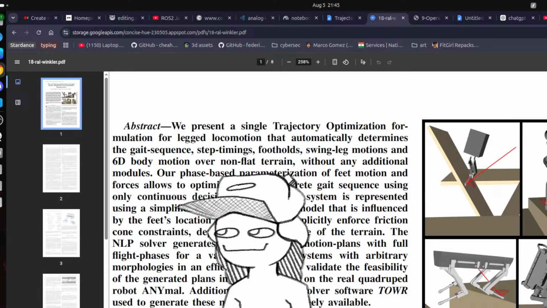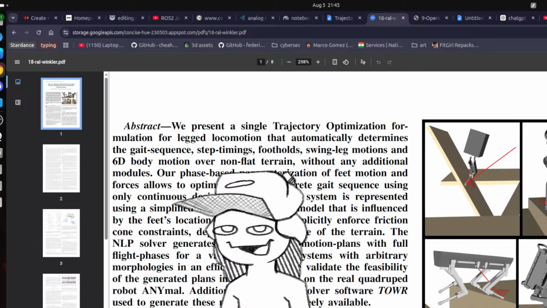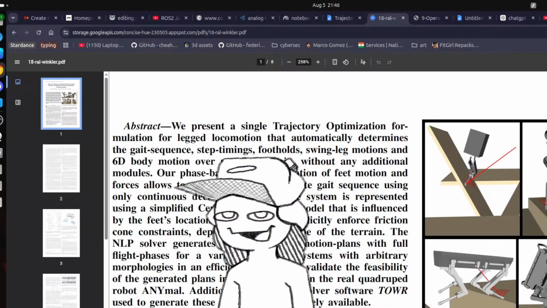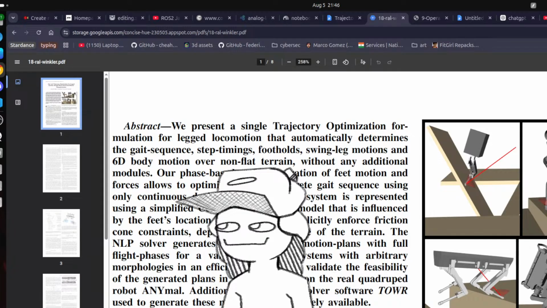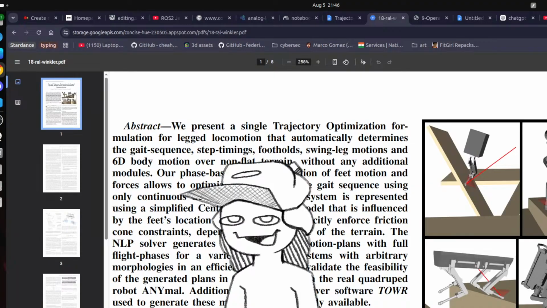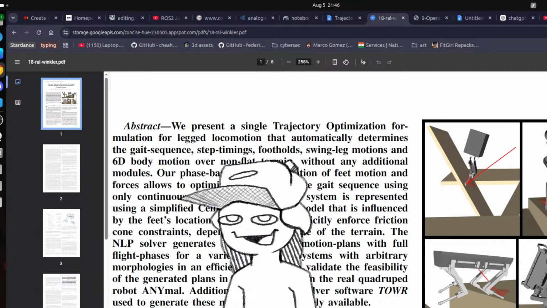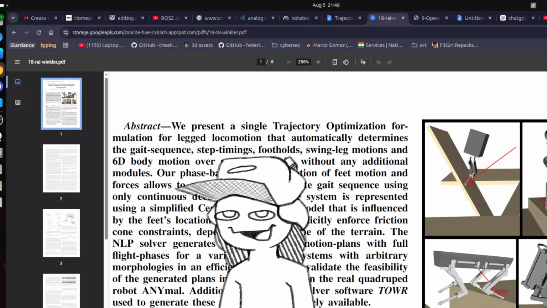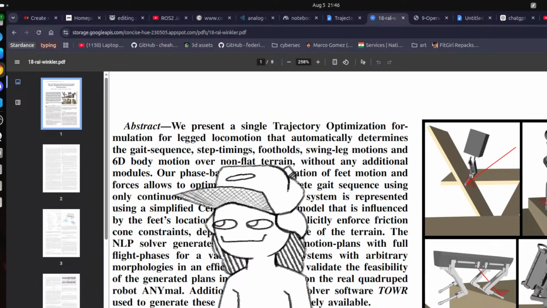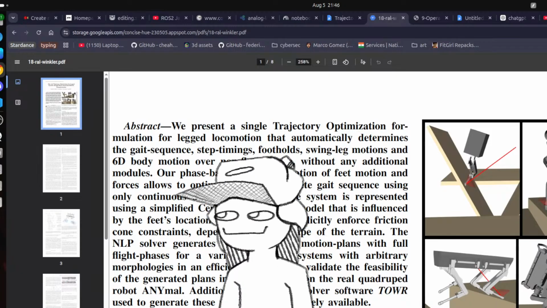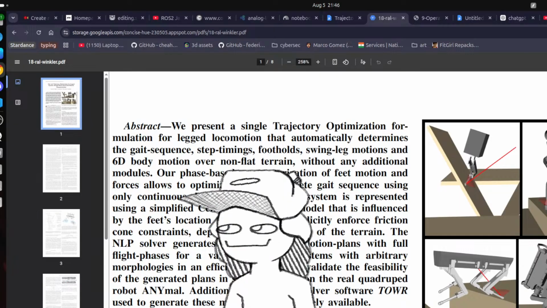That's basically why they found a way to make that discrete decision continuous. What I mean by that is they created a kind of piecewise function that would tell you what a particular leg is doing at the moment. They define two states for each leg, swing and stance. Swing meaning the foot is in the air, stance meaning it's touching the ground.